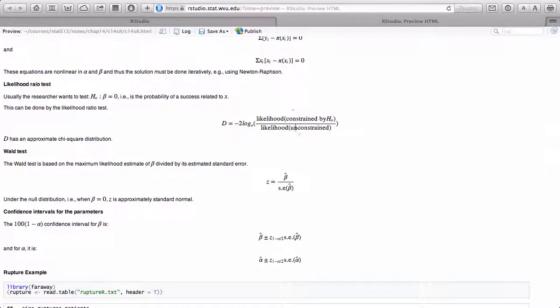This likelihood principle is very central to statistics.